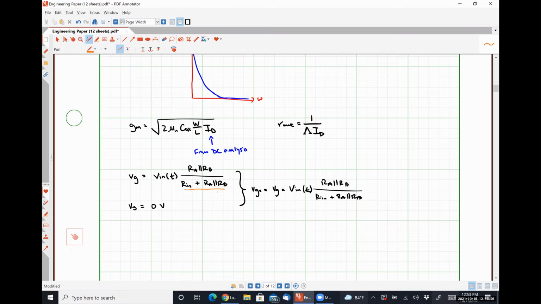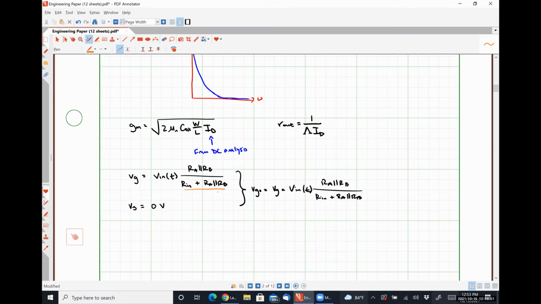Because if we don't, we're scaling it by a factor that's definitely less than 1, which means we're making our input signal smaller, and then we're amplifying that smaller version of the input signal, which means our overall effect is going to be smaller as well. So how do we make this look like it's close to 1?